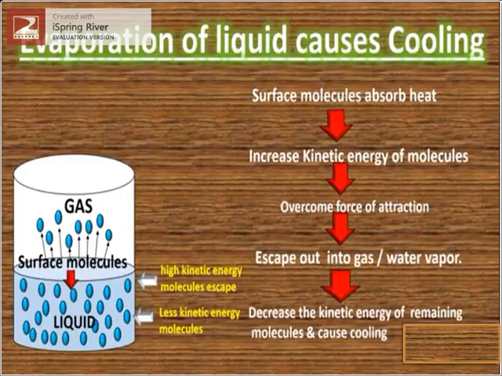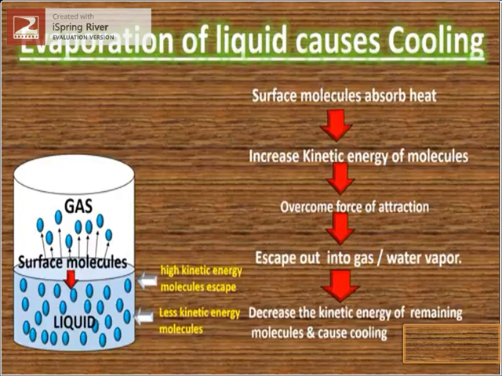Now let us understand in a better manner through a flowchart that evaporation of liquid causes cooling. The surface molecules of the liquid absorb heat energy from the surroundings. It increases the kinetic energy of the molecules on the surface.